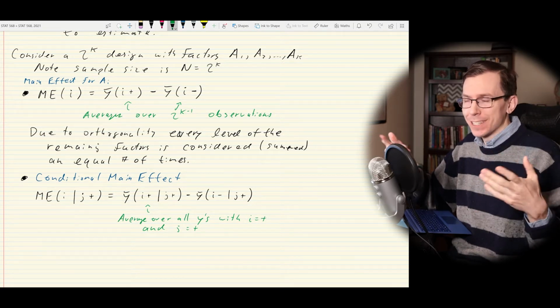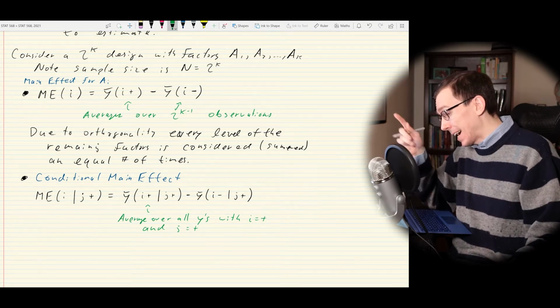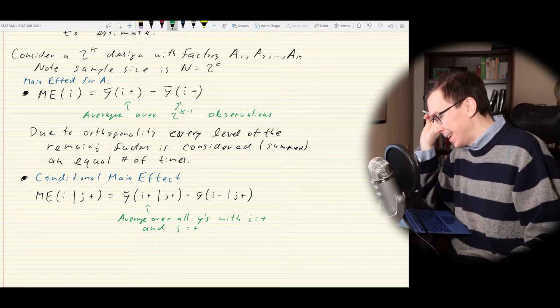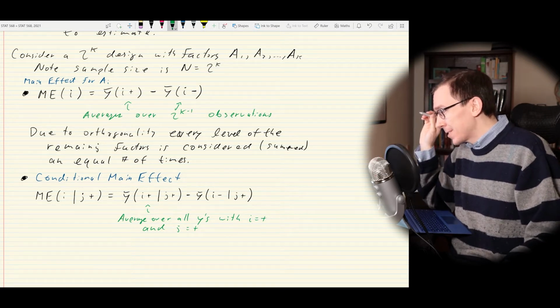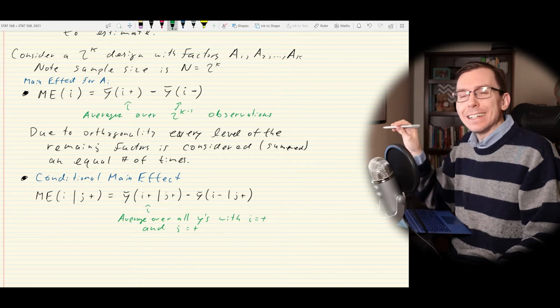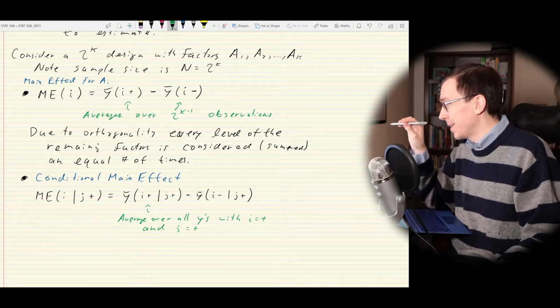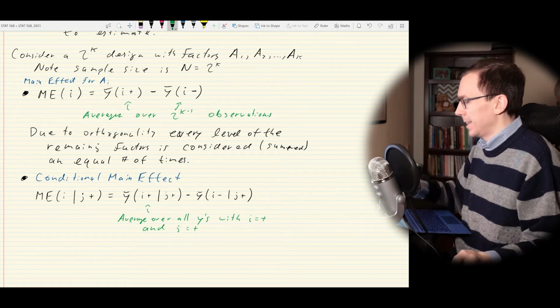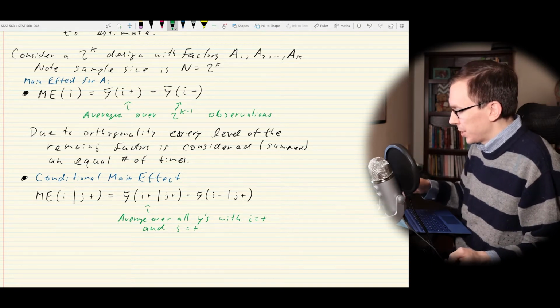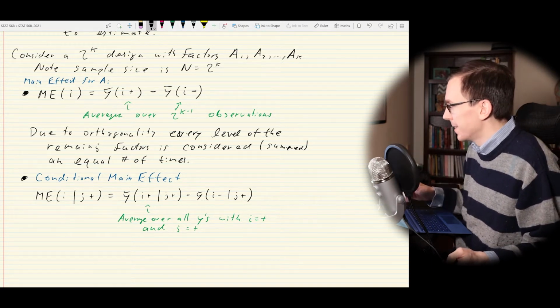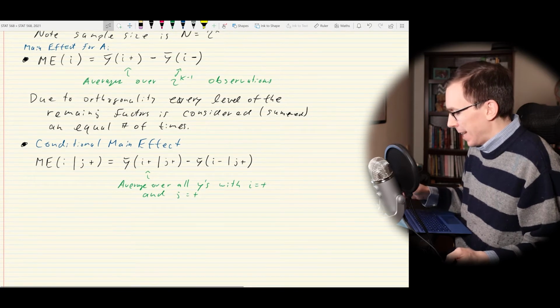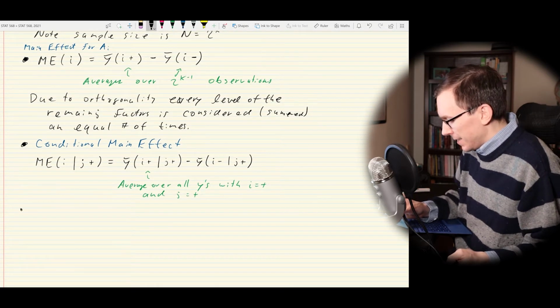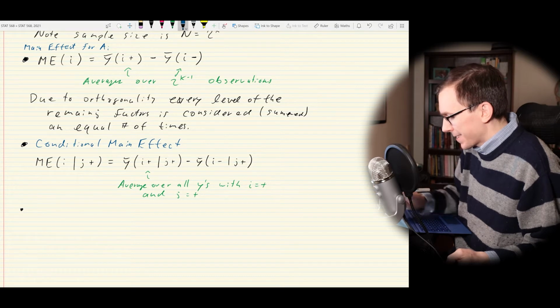So now we have a 2 to the k minus 2 in the exponent, to be precise. So this is going to lead us to the idea of an interaction effect. But effectively what we're doing here is just a conditional version of our main effect with the goal that we can eventually get to the idea of an interaction effect.